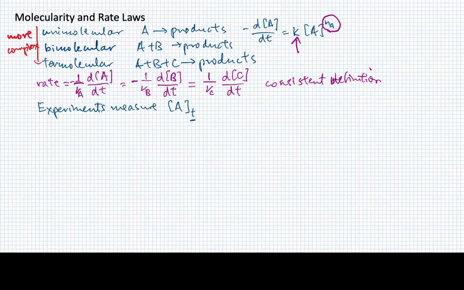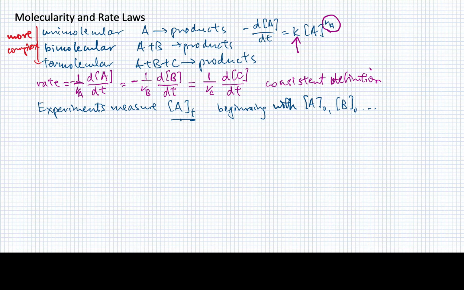So these experiments are measuring how A evolves in time, beginning with initial concentrations that are specified. Those could be the initial concentration of A, the initial concentration of B, and so forth, depending on however many reactants we happen to have in the reaction.